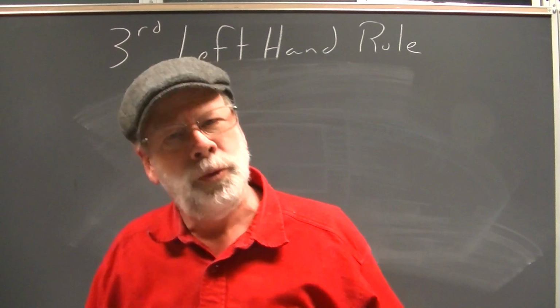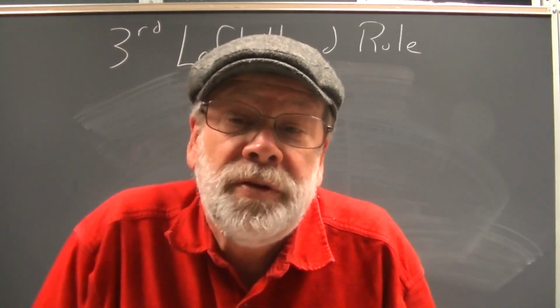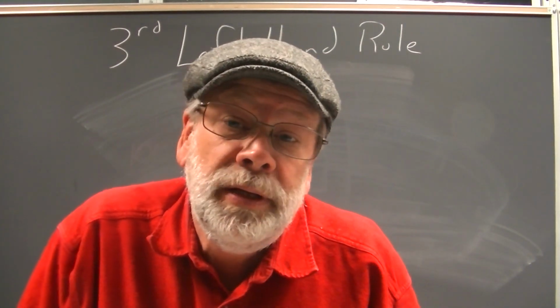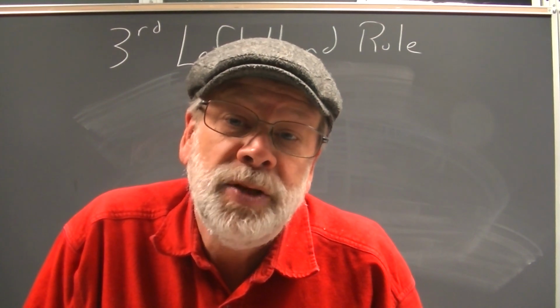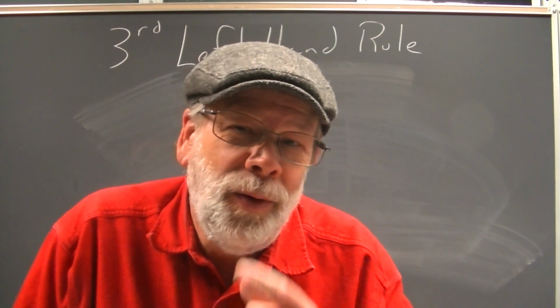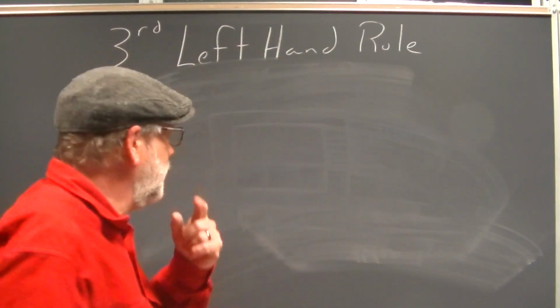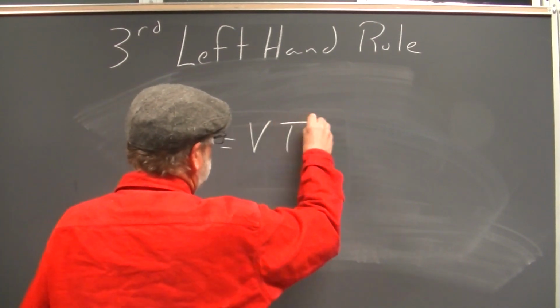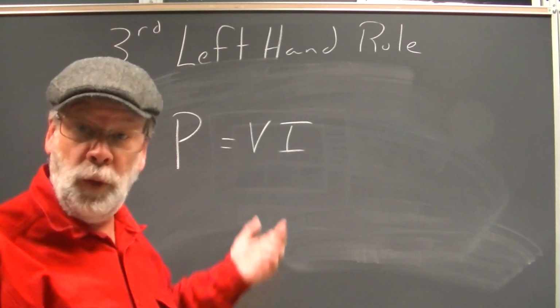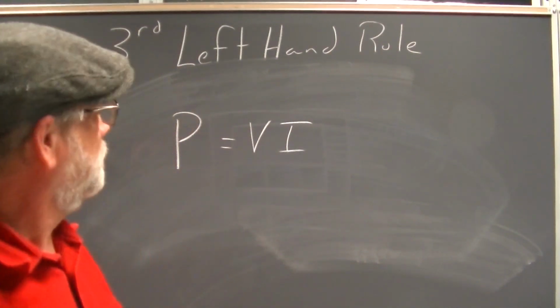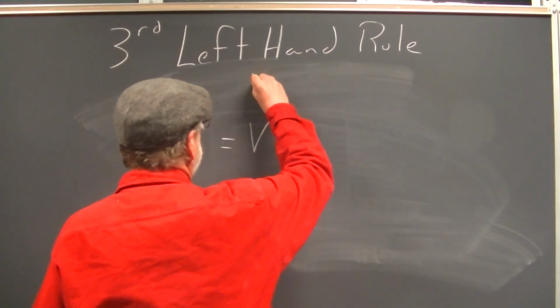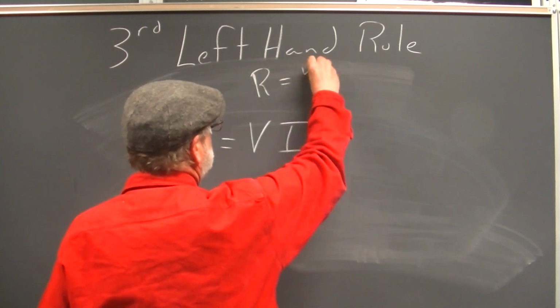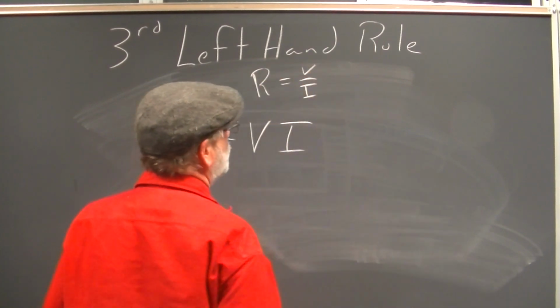So are we going to lose some on the wires? Well, the wires offer some resistance. So we lose a little bit of power as we transmit it. So let's talk about this for a second. The power, we know, is equal to voltage times current, V times I. But we remember resistance is voltage over current.